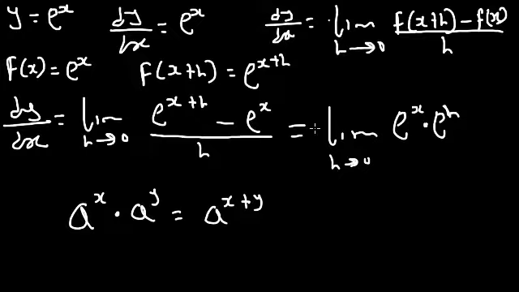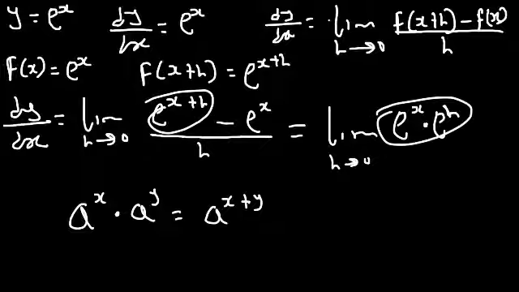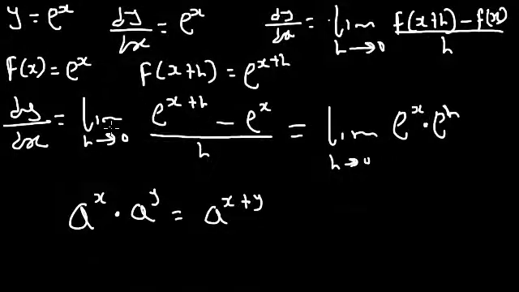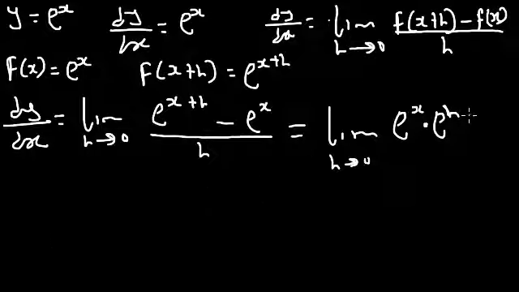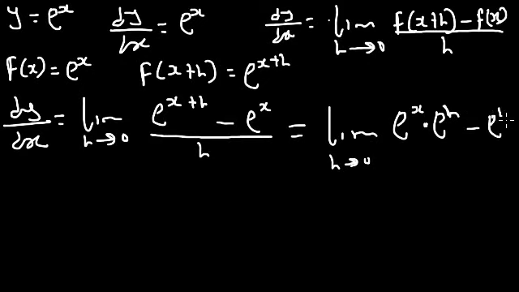Now, if that is the case, what do you think e to the power of x times e to the power of h would be? Notice that it will end up giving us this. So expressing e to the power of x plus h like this is still perfect. We are still doing math. Are we together? Perfect. So we now have minus e to the power of x, divided by h.